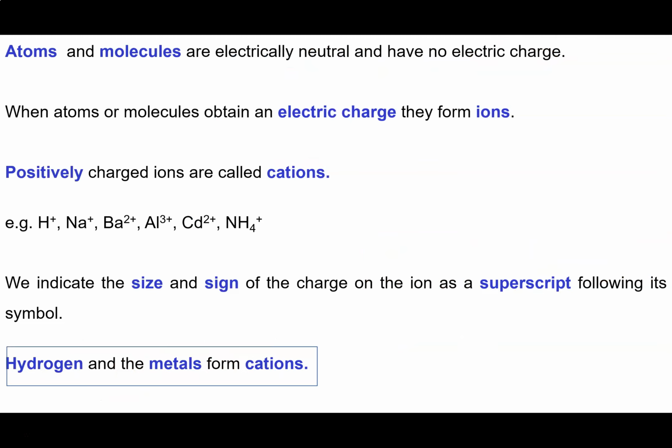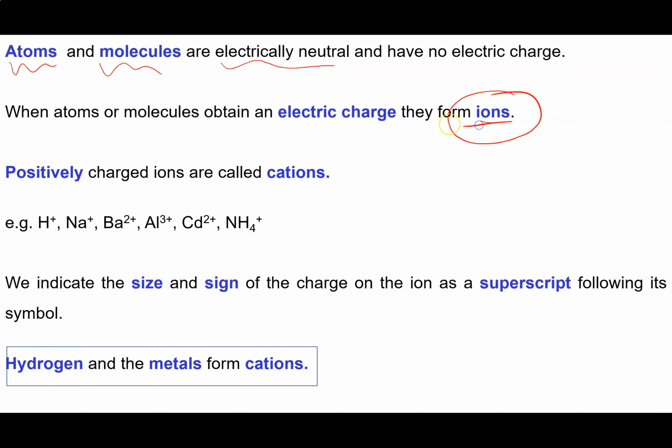So, how does this relate to chemistry? Well, the first thing to recognize is that atoms and molecules are electrically neutral. They don't have an electric charge. Now, if an atom or a molecule obtains an electric charge, it's not called an atom or a molecule anymore. It's called an ion.